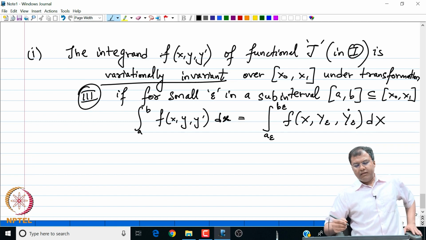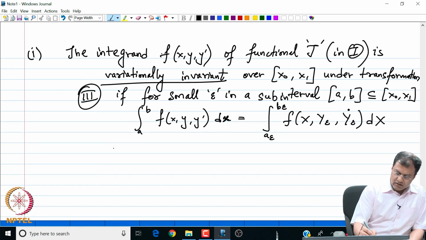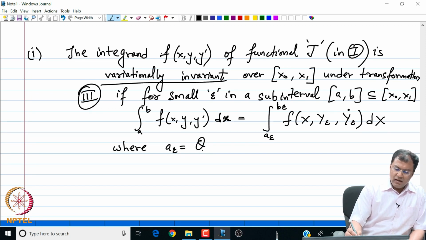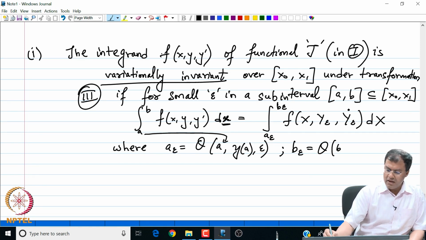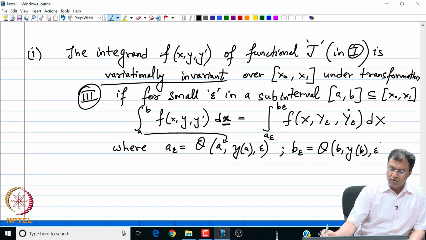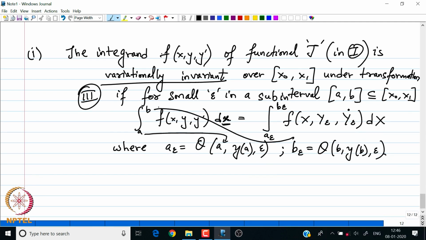Let me complete this statement, where a epsilon is the mapping theta evaluated at the starting point a, times y of a comma epsilon, and my b epsilon is the same mapping, because we are trying to map our variable small x to capital X: theta of b comma y of b comma epsilon. So, that is my variable.